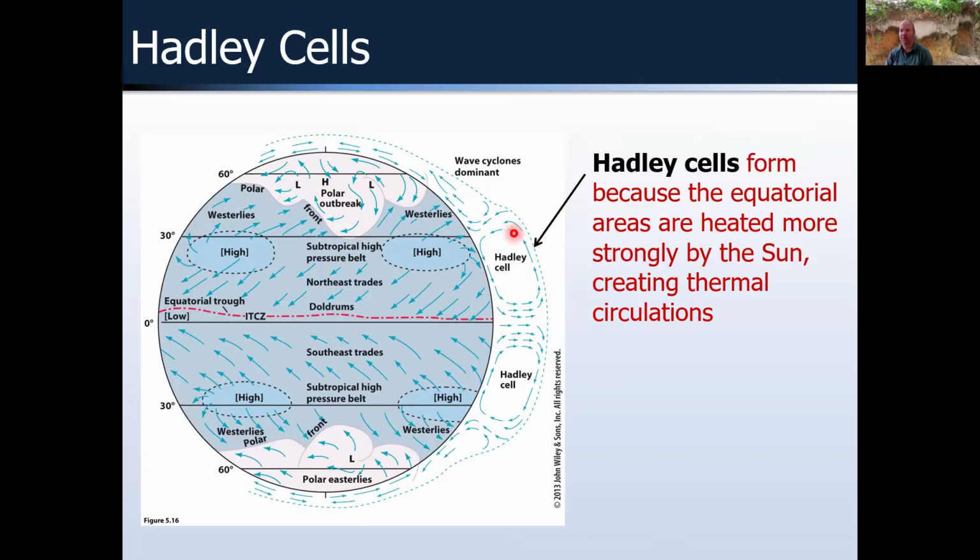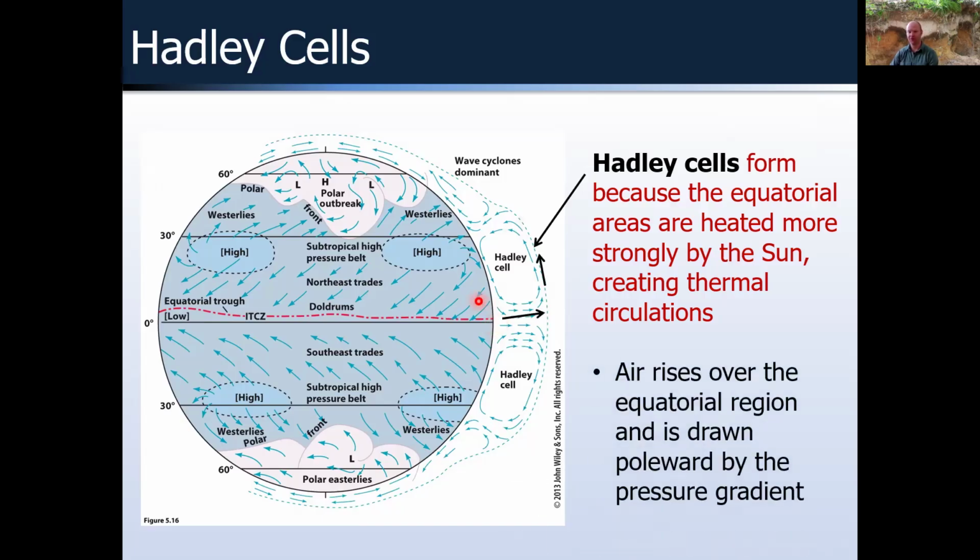The Hadley cell is one of the most important large global scale circulatory loops on the planet. Wherever that subsolar point is located, the zone of most intense heating, you have air parcels rising above the equator, and then they're drawn poleward to the north and also to the south. At some point they equilibrate and fall back down, creating a subtropical high pressure system, which we'll talk about next.